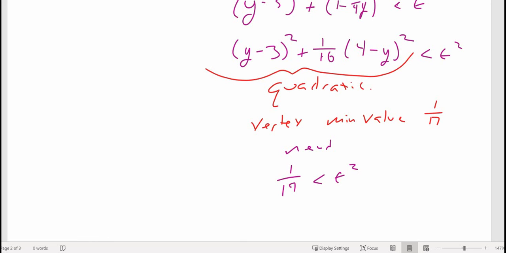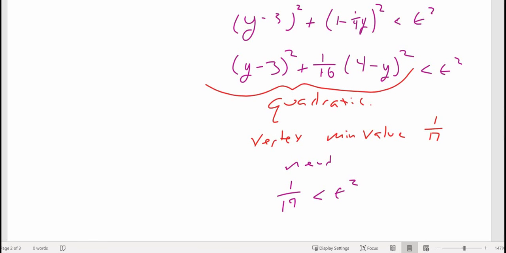So that seems to be a limit on things. Because if epsilon squared has to be bigger than 1/17, then if you pick something smaller, then that point x, y is not going to be in both the circle and the region because this inequality would fail.